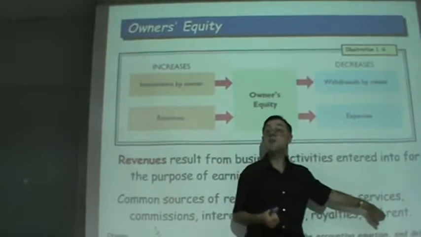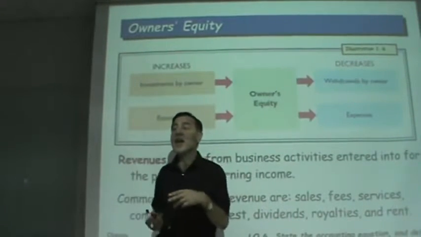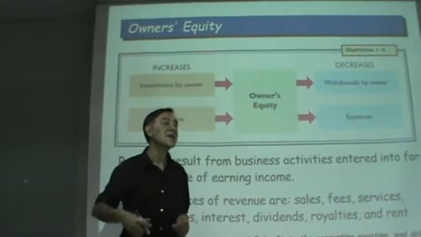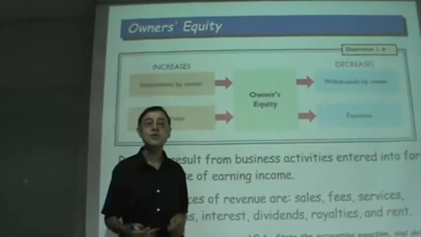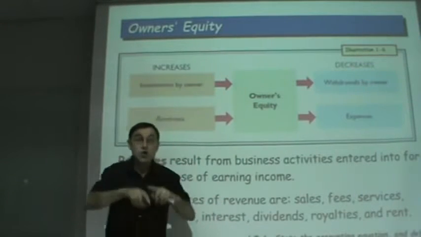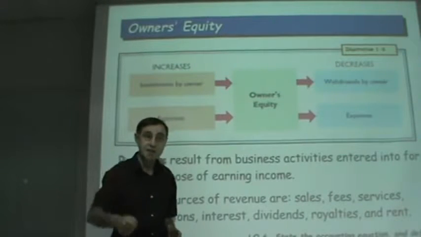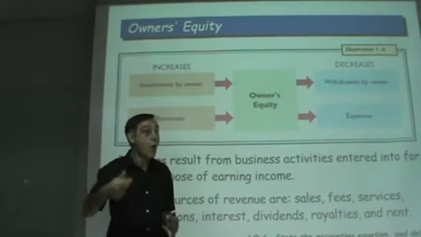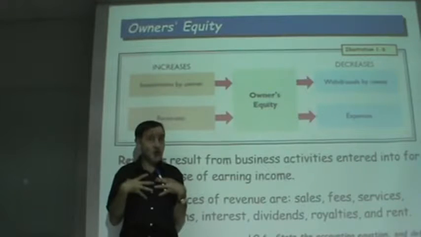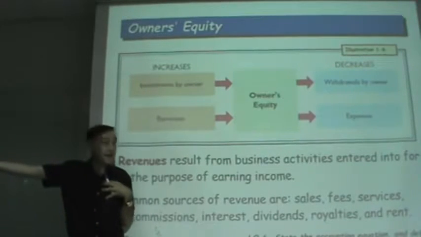And finally, a very common revenue is rent. Rent is money paid to use real estate. So you can use a garage and then you pay rent. It's a rent expense. Or if you own an apartment, you give the apartment to somebody else.